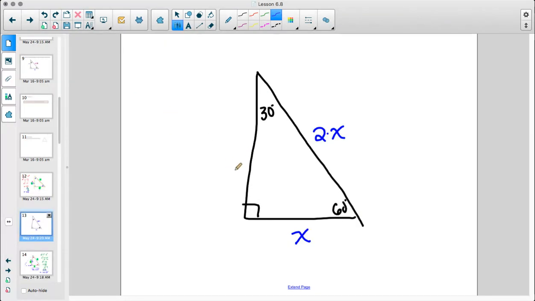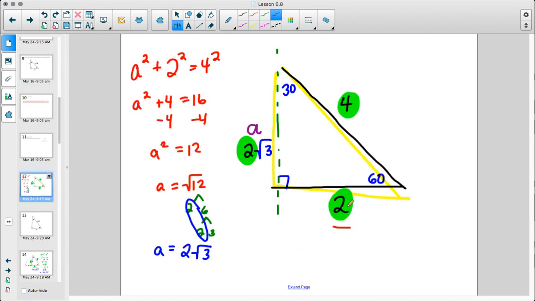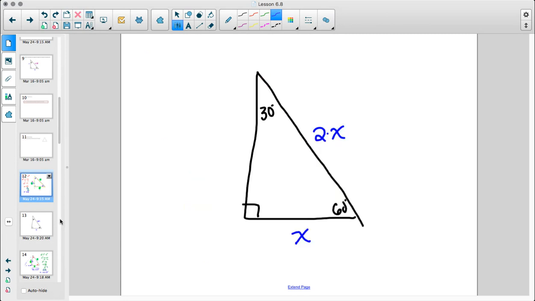And then the other leg was always the number of the short leg times the square root of 3. Okay? And the way I memorize this is that the shortest leg is always across from 30, and that's always x. So I like to put the x first, and then the hypotenuse is 2x, and the long leg will always be x times the square root of 3.